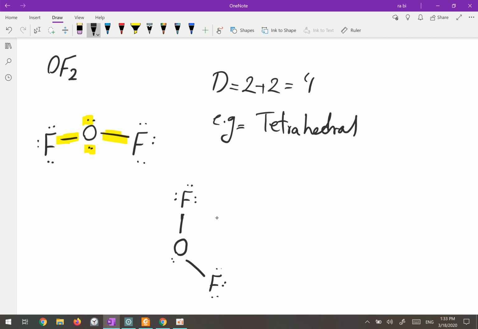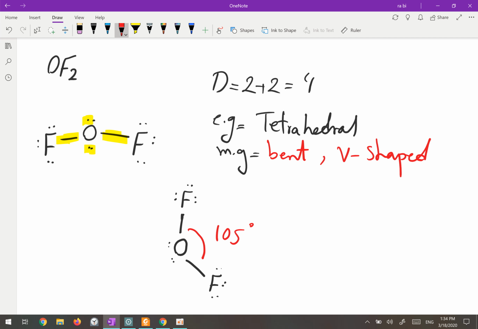I delete this bond, I put the lone pair here. Okay, so the molecular geometry, as you have probably guessed, is bent. Another name for bent is V-shaped. We can say it's bent or V-shaped, and the angle reduces to approximately 105 degrees.